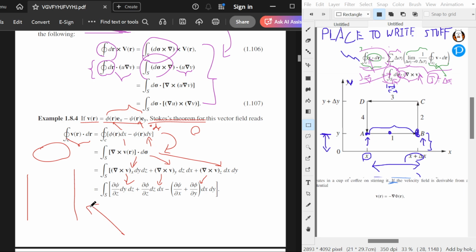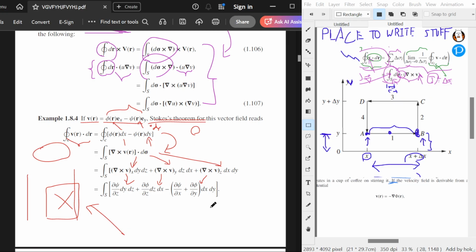Maybe it's a necessary crutch. So the x component means we're dealing with these guys. This is how I'm doing it in my head. We're dealing with these four guys. So it'll be like this.